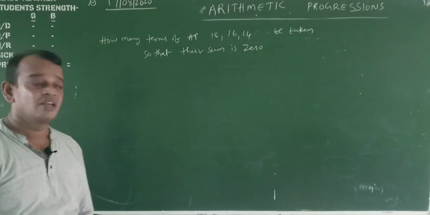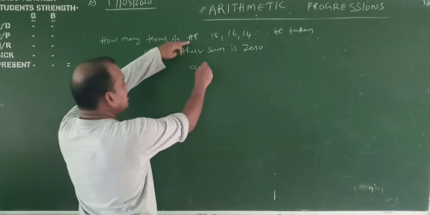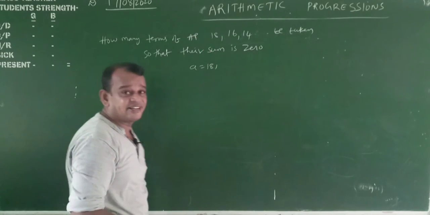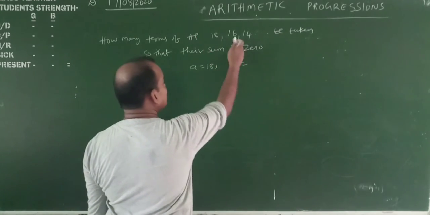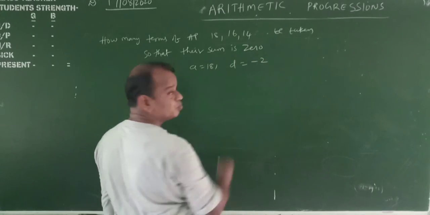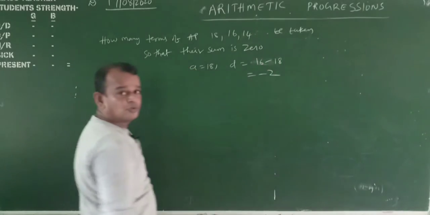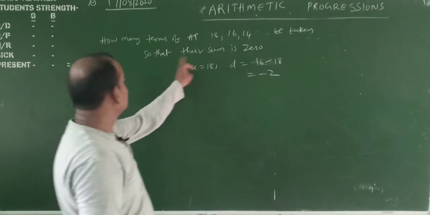Here, observe that the a value is 18. In a decreasing series, the d value is 100% negative. d is 16 minus 18, which is minus 2. Now the sum is 0.